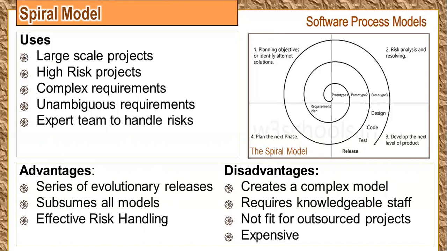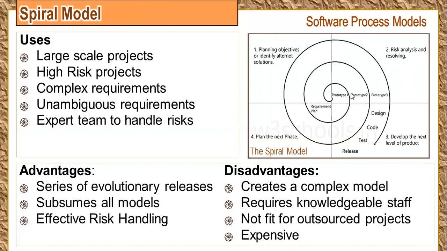Over each loop, one or more features of the product are elaborated and analyzed. The risks at those points are identified and resolved with the use of a prototype. So what is happening is over each loop, you are identifying the requirements. Here you have a requirement plan. So you are sitting with the customer, finding out his requirements, gathering the requirements, and moving forward.